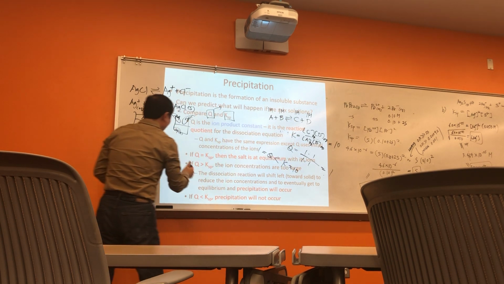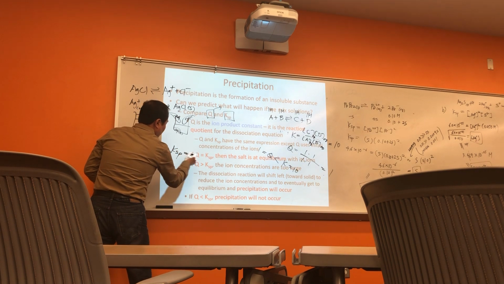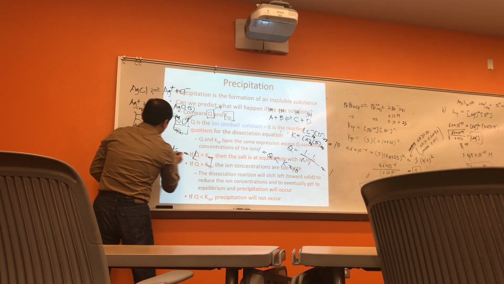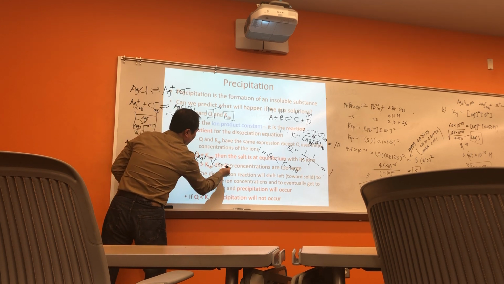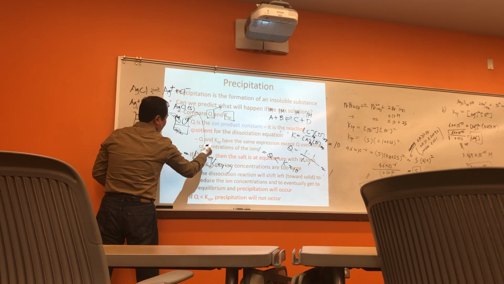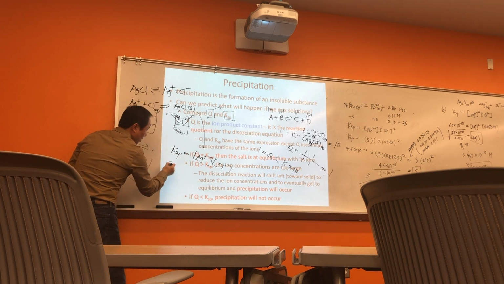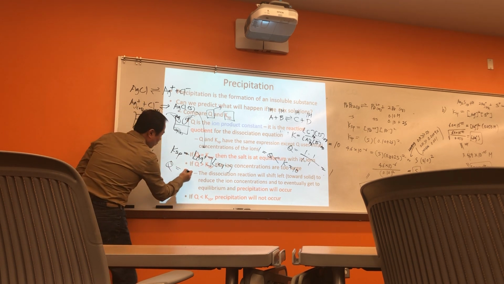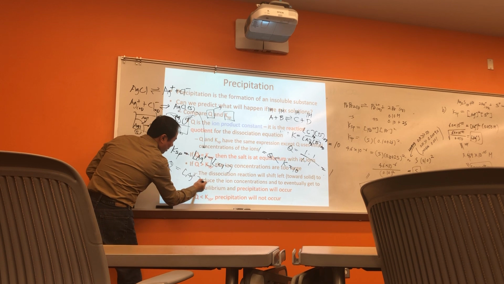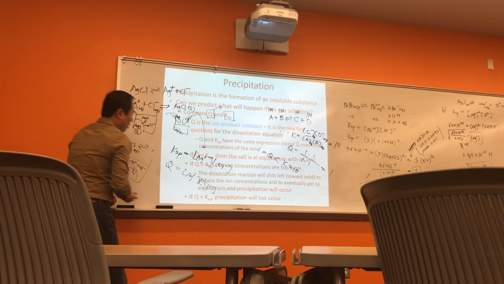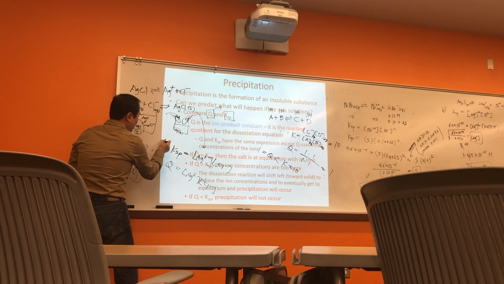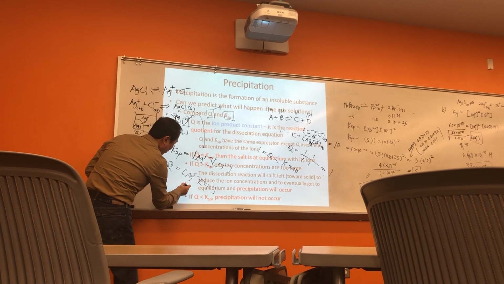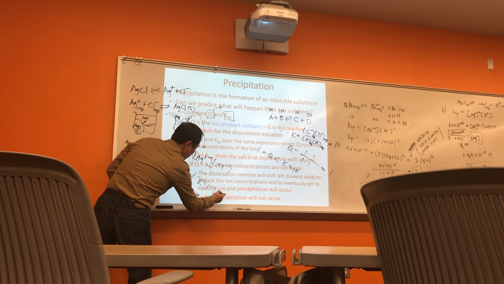So reaction should go forward, right? Same way, KSP is for AgCl, for silver chloride, that's KSP. So you can define similarly Q as Ag plus times Cl minus. So let's make them again. This is 10, and I have 1 molar concentration of each. Then Q will be 1.